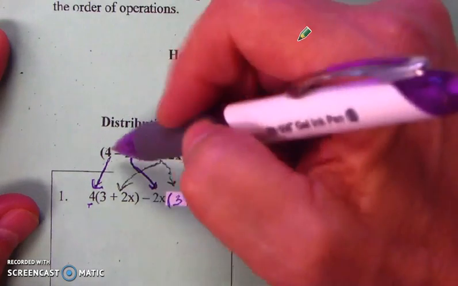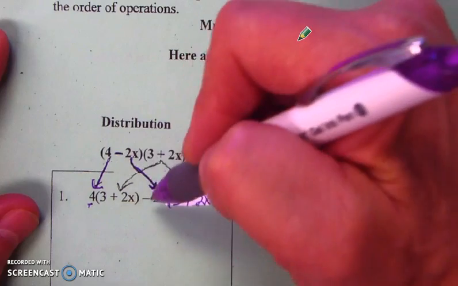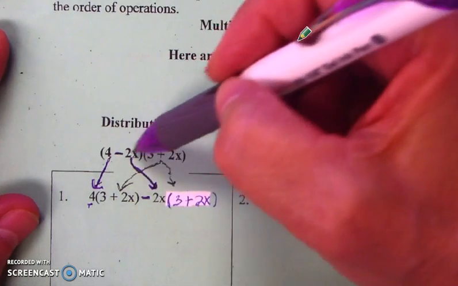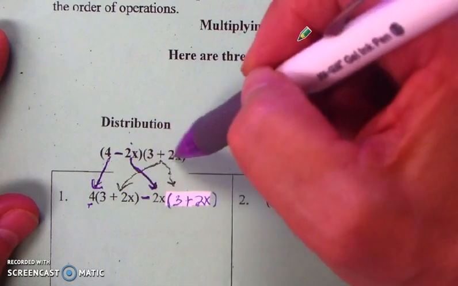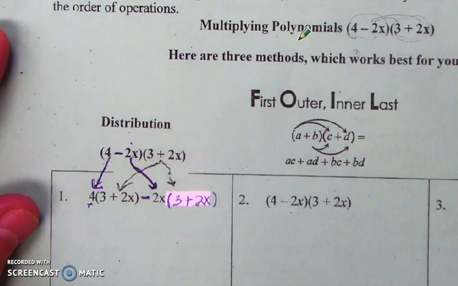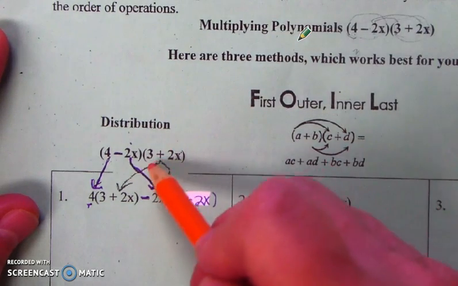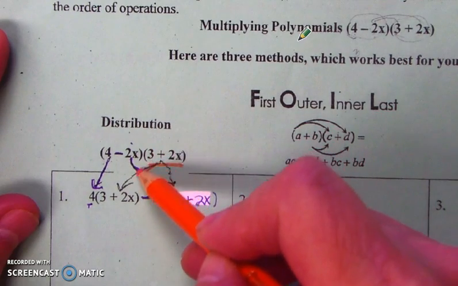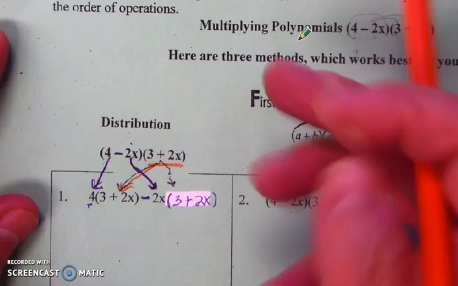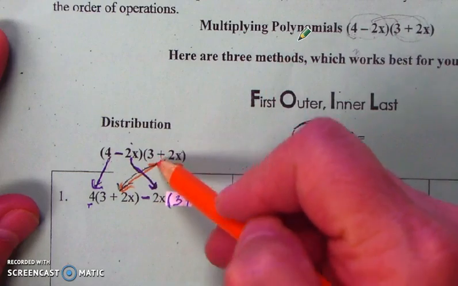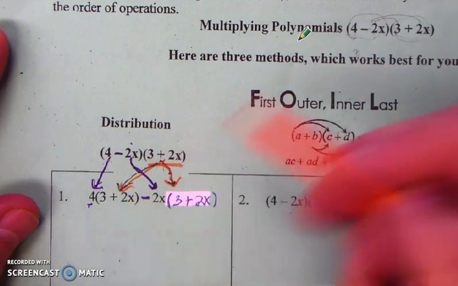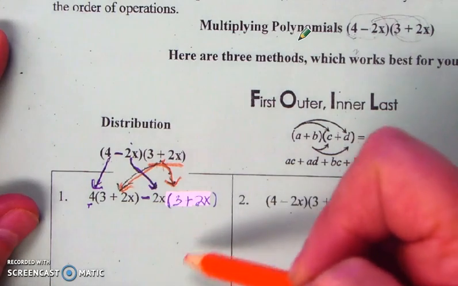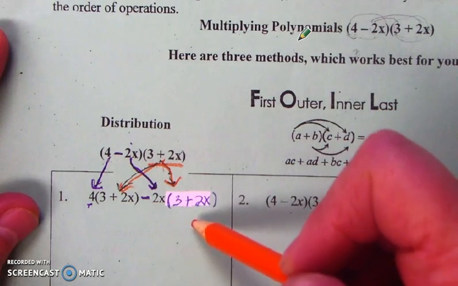So I'm breaking the first one, and I have to make sure I bring that negative sign with it. The second quantity, I'm leaving as it is. So this 3 plus 2x is going here as the same quantity, and it's coming over here as the same quantity. Nothing is getting done to that one.